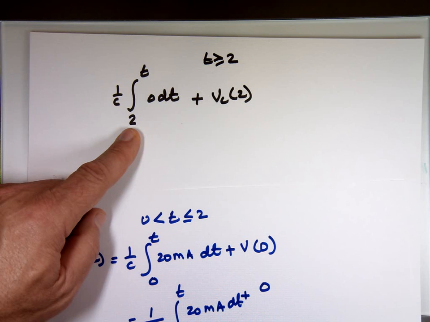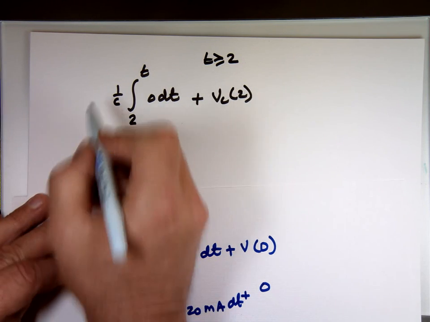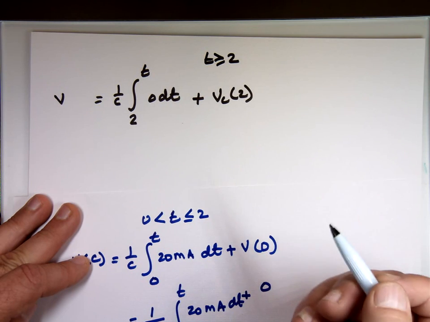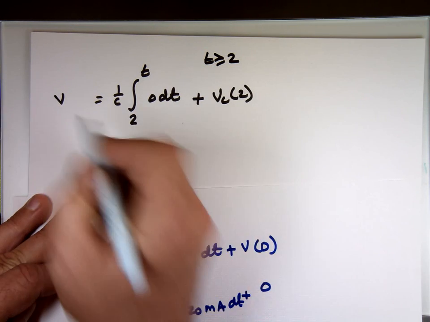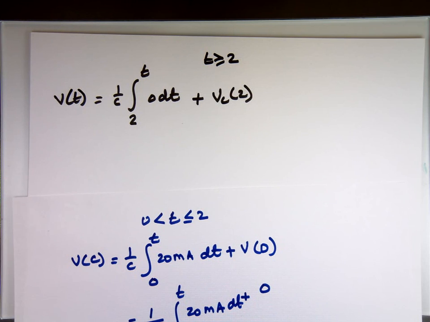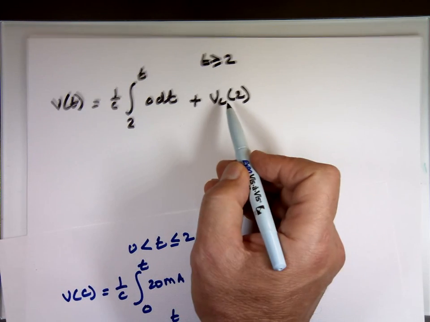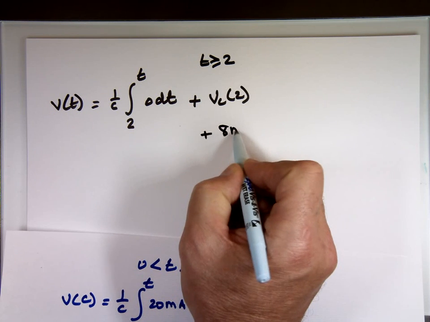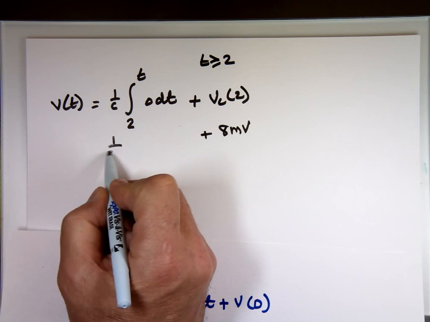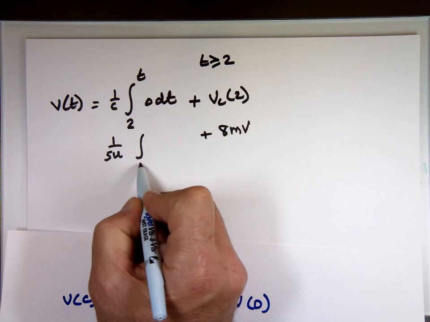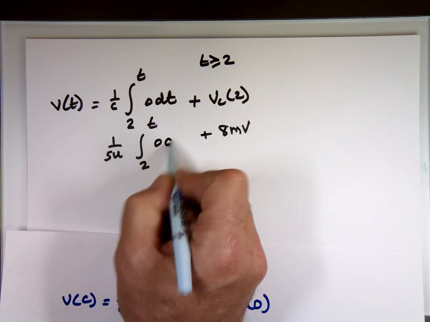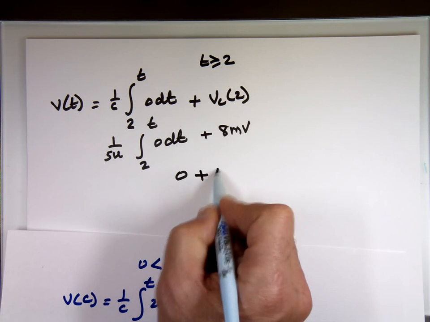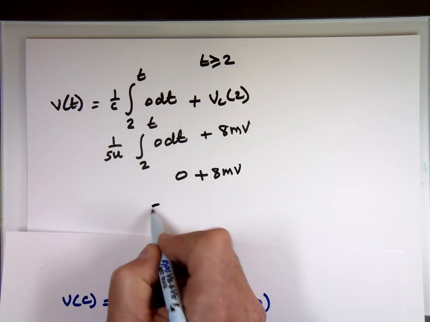Would it flip, like go negative or back up? Let's see if it's going to flip or not. What is the value of the voltage at 2 milliseconds here? Isn't that 8? 1 over 5 micro, the integral from 2 to t of 0 dt. What's the integral of 0? 0. 0 plus 8 millivolts. Guess what we have? 8 millivolts.